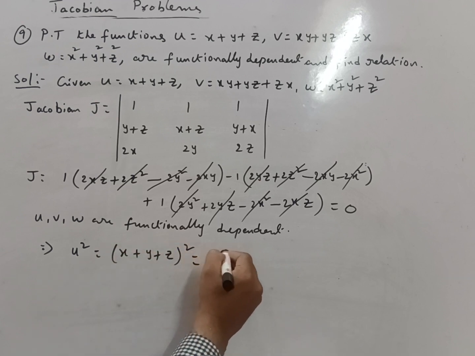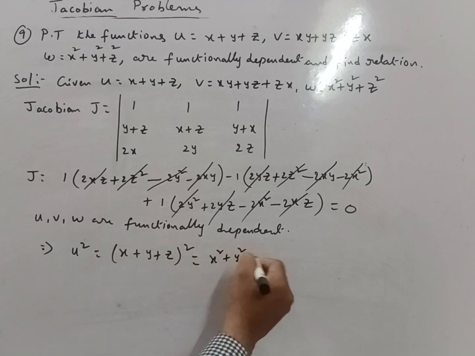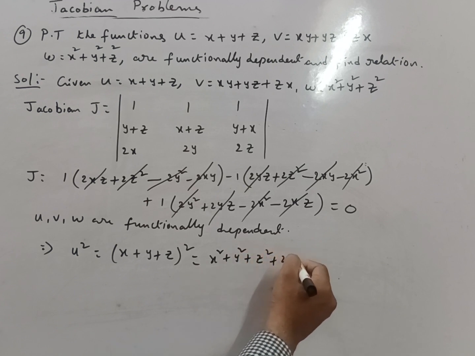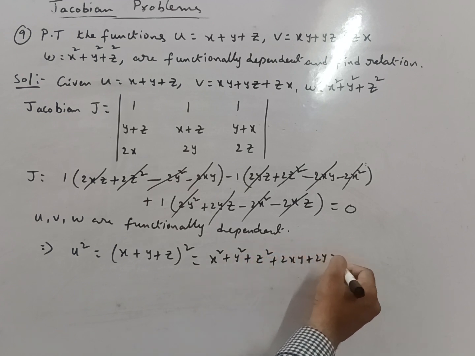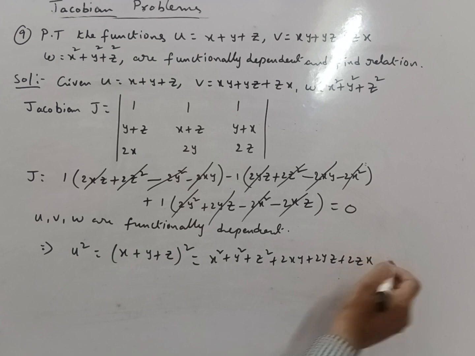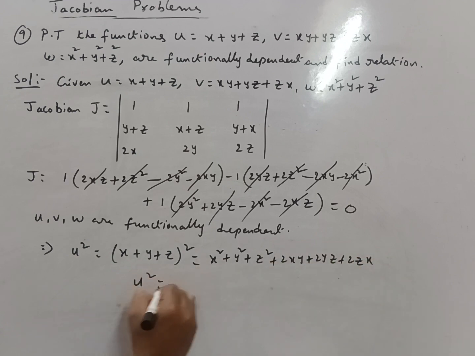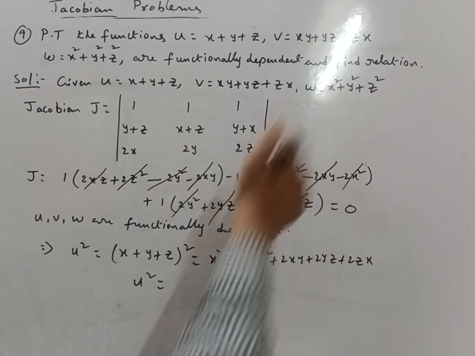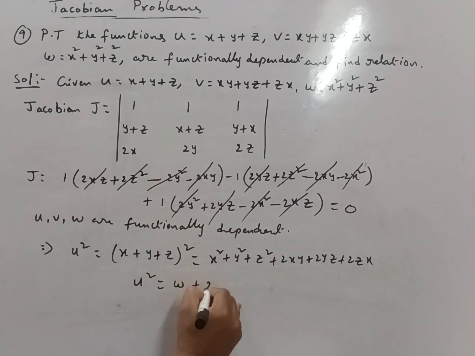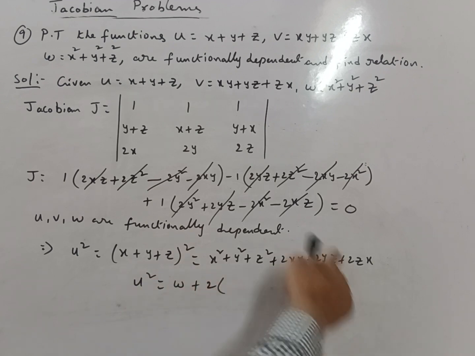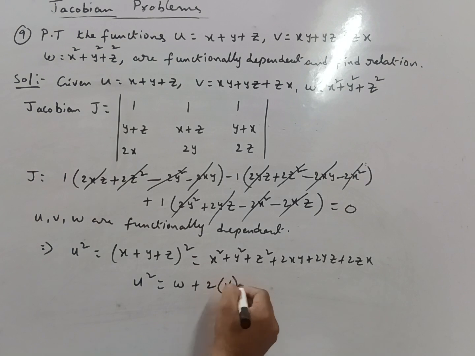Expand it: x² + y² + z² + 2xy + 2yz + 2zx. So u² is equal to x² + y² + z², which is w, plus 2 times (xy + yz + zx), which is v. So w + 2v. Therefore u² = w + 2v is the functional relation between u, v, w.